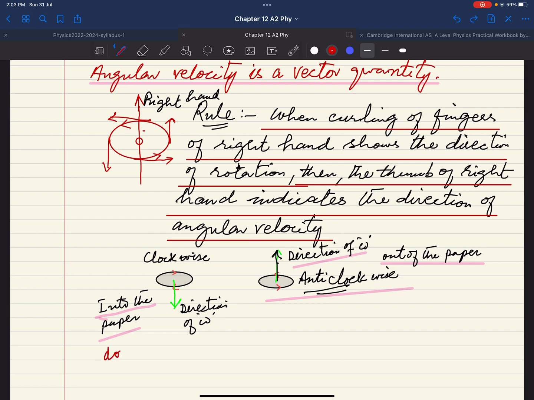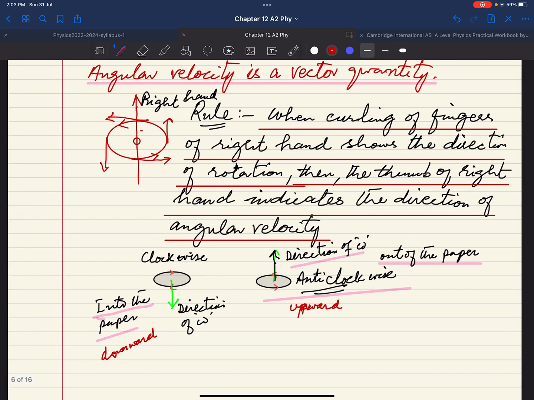So the downward direction, and here we have the upward direction for the angular velocity. This is something which is very important. So remember that the direction of the angular velocity is upward or downward according to the curling of the fingers of your right hand.